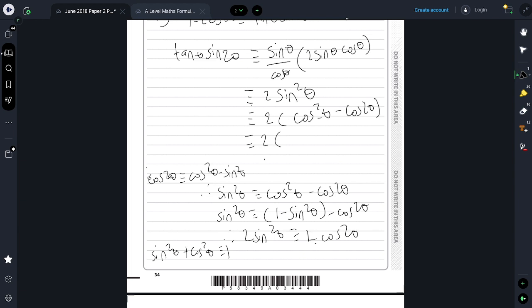So what would happen if we use Pythagorean? It would be 1 minus sine squared.